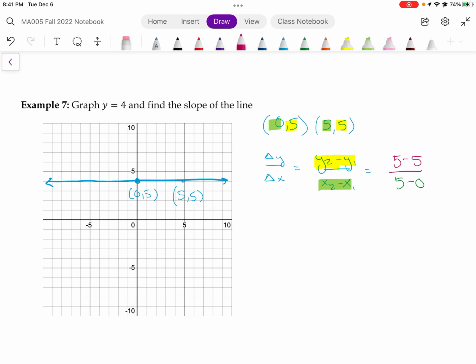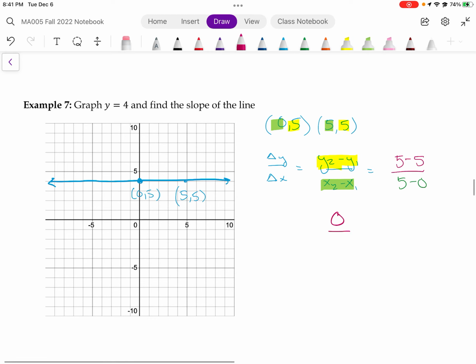All right, so 5 minus 5 is 0. 5 minus 0 is 5. 0 over 5. 0 over anything is 0. Slope of 0. Does that make sense? Yes. It doesn't have a slope. It's flat. It's like flatlands, right? It's like a basketball court. There is no slope.